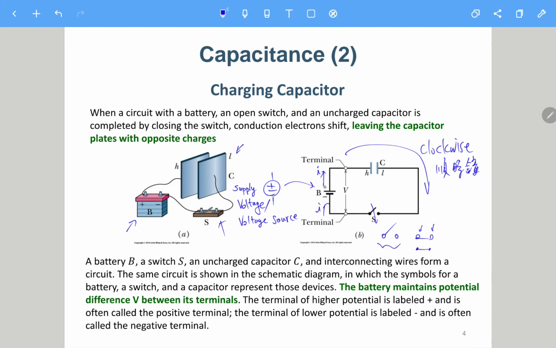In circuit theory or classical physics, the current direction and the electron movement direction are opposite, which means that actually the electrons are going counterclockwise.